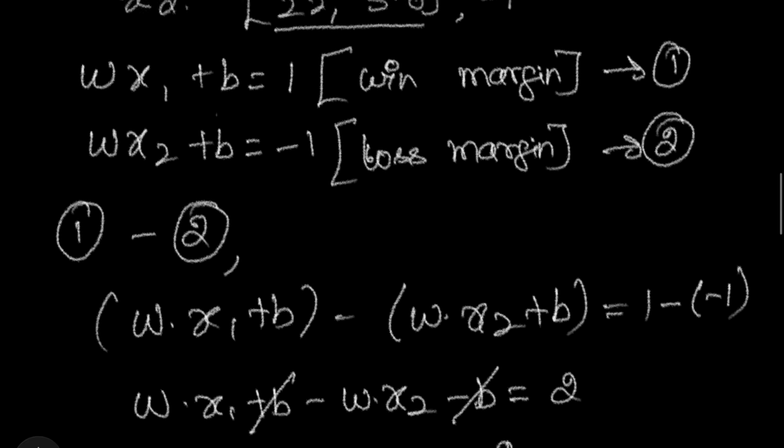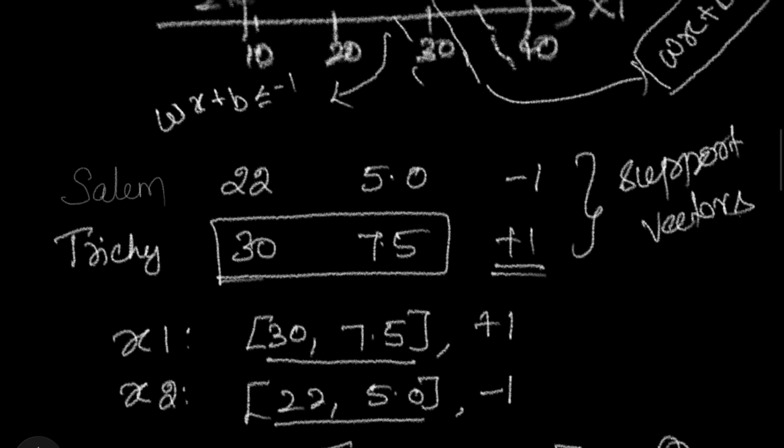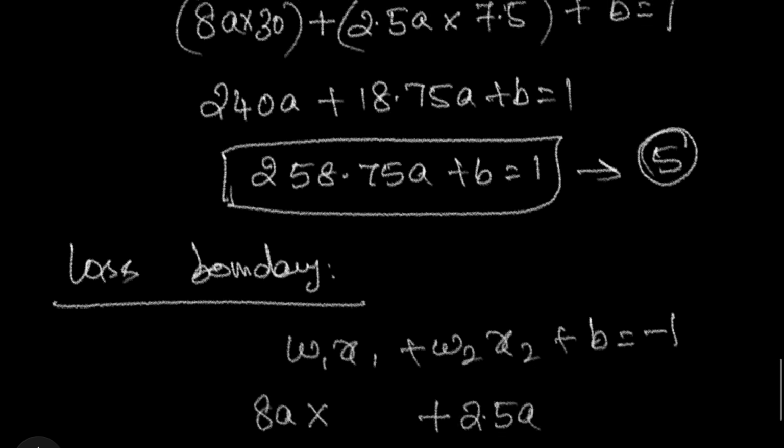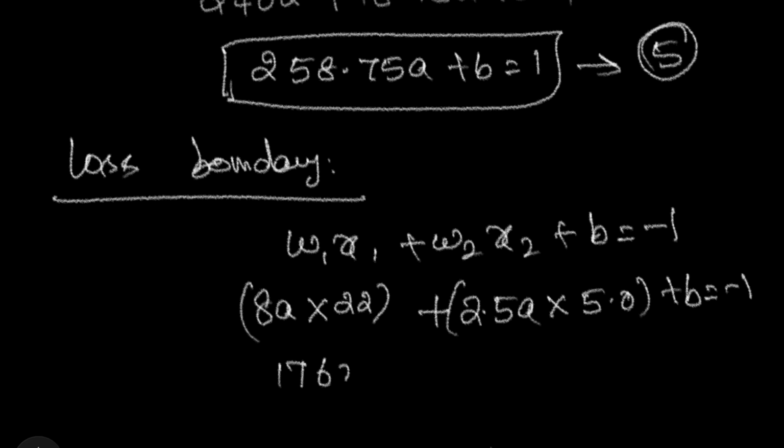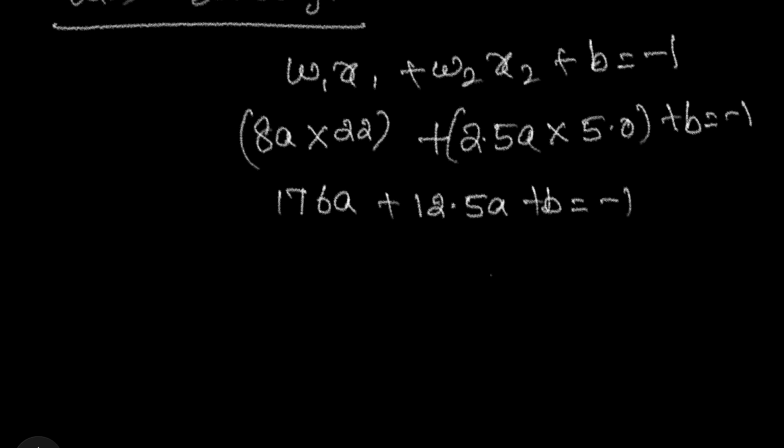For the loss boundary, we have the support vector here, which represents 22, 5.0. We'll take that here, 22 and 5.0, plus b equals minus 1. In this case, I have 176a plus 12.5a plus b equals minus 1. So if I add up these two, I'll get 188.5a plus b equals minus 1. This is nothing but equation 6.